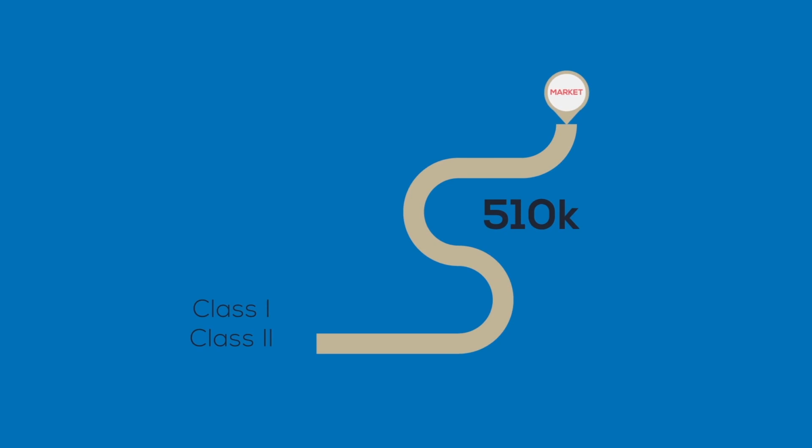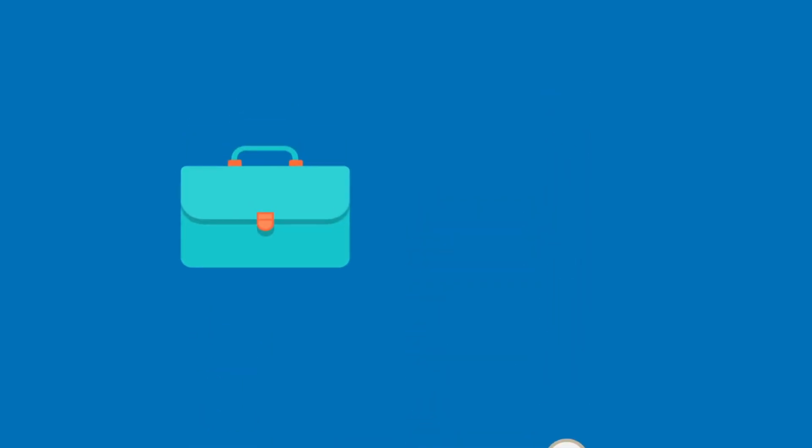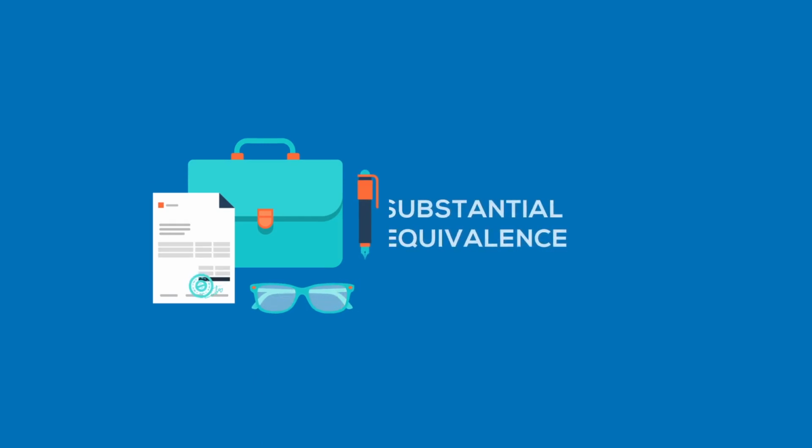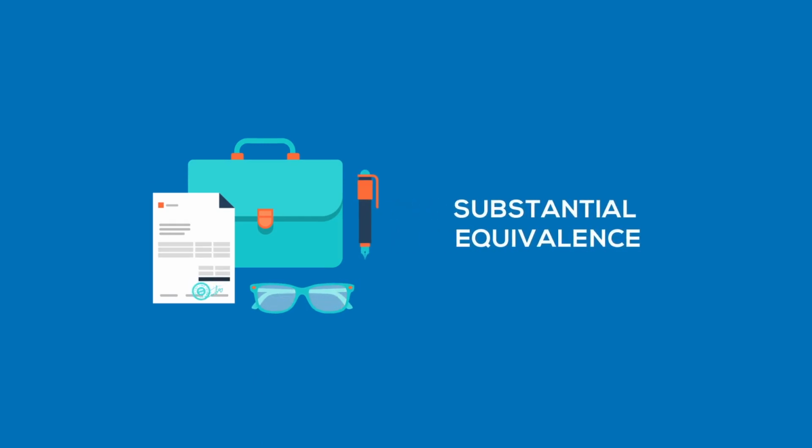This is a process where the manufacturer is required to demonstrate substantial equivalence to existing products which are already FDA approved. Substantial equivalence means that both devices have the same intended use and technological characteristics. The FDA may determine that you require preclinical or clinical investigations to demonstrate this equivalence.